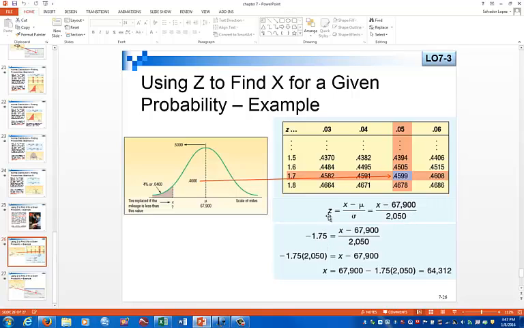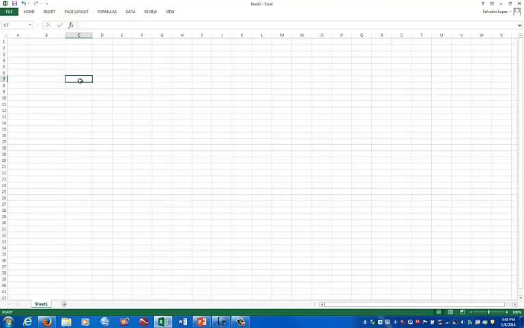And then replace the Z value with minus 1.75. And then it's just a matter of solving for X. Multiply by 2,050 on both sides, and then you add 67,900 on both sides. The answer is 64,312.